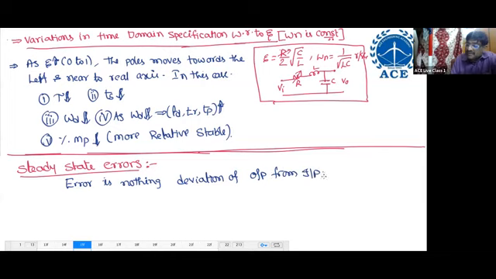That is E of t equal to R of t minus C of t.